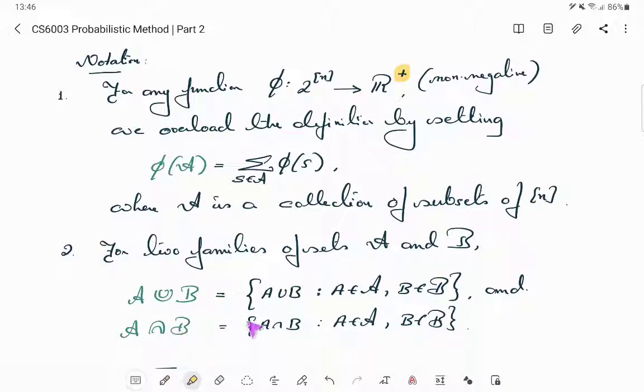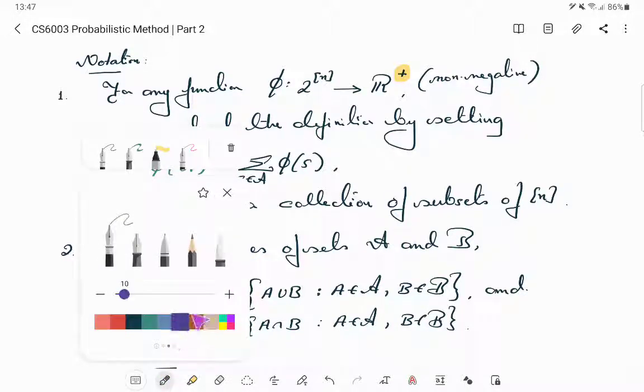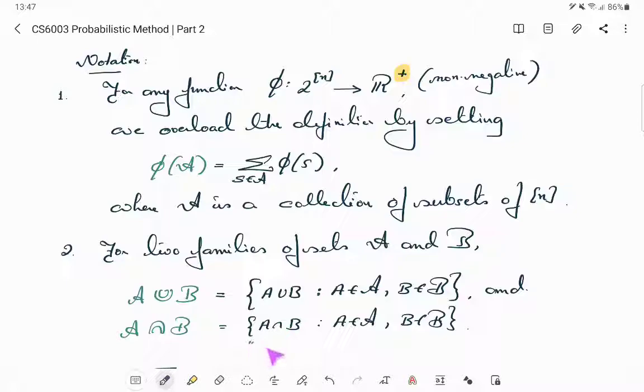Similarly, the double intersection is also defined as you go inside the families and then take pairwise intersections. So this is more correctly referred to as the collection of pairwise intersections.